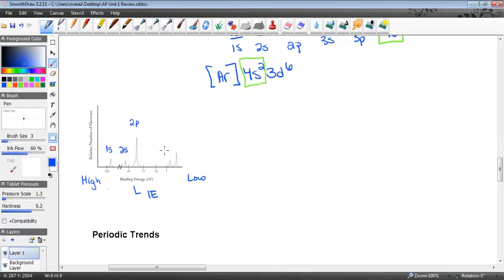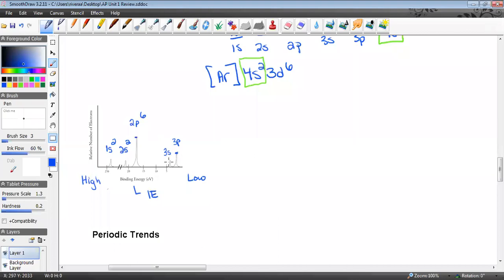And then my next orbital, much larger, way out here, my 3s, and then my 3p. But if I was reading this graph, do you see how this peak is not nearly as tall as the 2p peak? That means the 2p is 2p6, right? So this has 2 electrons in it. This one has 2 electrons in it. The 2p has 6 electrons in it.